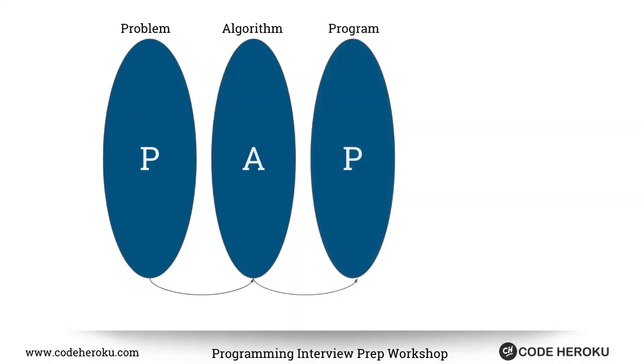The next thing you want to do is take this algorithm and convert it to a program, a functional code which you will write in C, Java, Python, or whichever programming language of your choice. It doesn't matter.